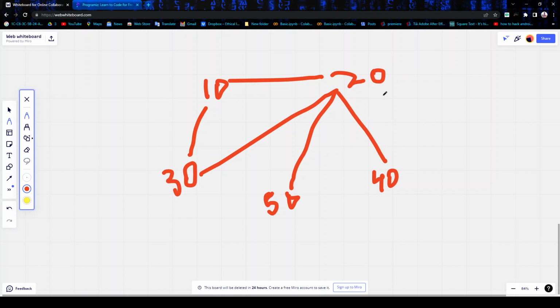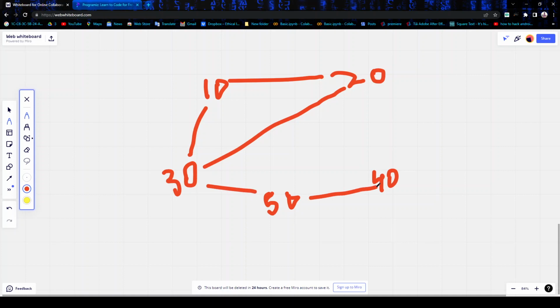So this is the graph that we have, and 20 will be joined in the same manner.